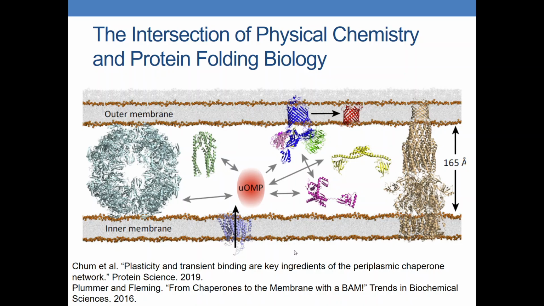Remember, your proteins are going to be synthesized in the cytoplasm, and they undergo unfolding so that they can be pumped across the inner membrane. That's what you're looking at here. This is a translocase complex that translocates an unfolded protein across the inner membrane into the periplasmic space, where at first it is an unfolded outer membrane protein.